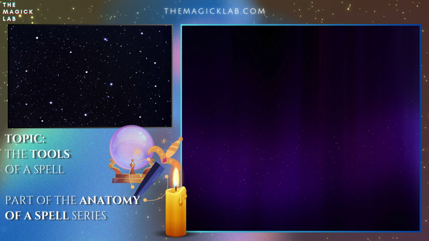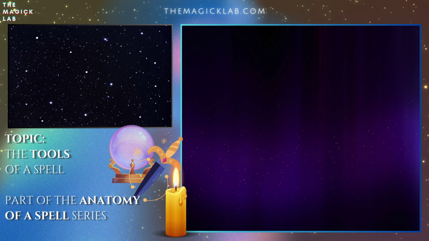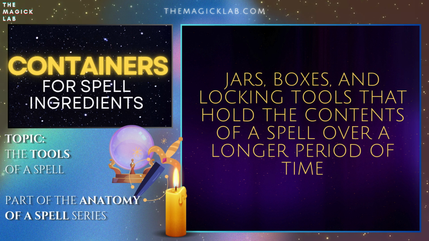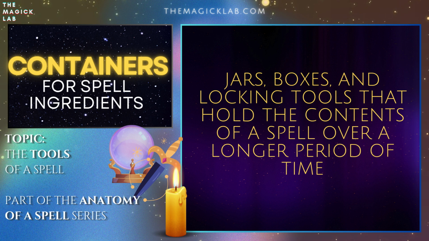So next up, I have a different type of container listed here. I'm going to call this section spell ingredient containers. These are jars, boxes, and locking tools that are actually going to hold the contents of the spell for a longer period of time. So these types of containers are for holding, protecting, or transforming the energy over time.